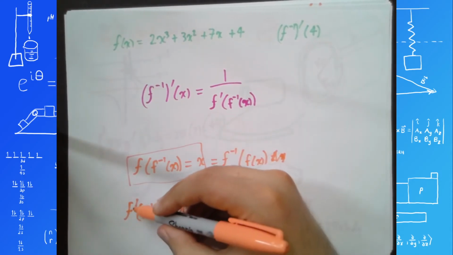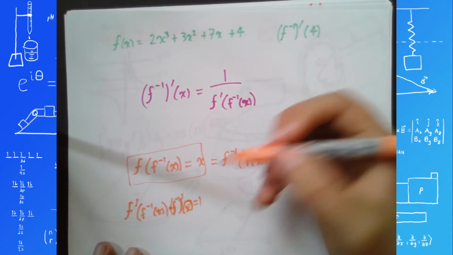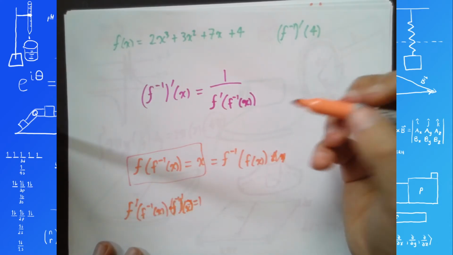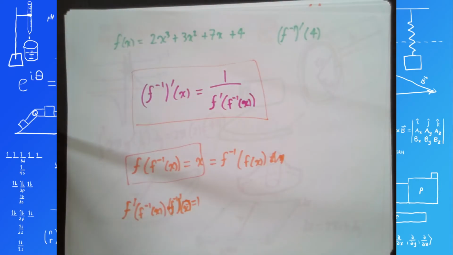Okay, so f prime of f inverse of x times f inverse prime of x equals 1. Divide by f prime of f inverse of x, and you get this expression. Really easy derivation, assuming that you're good with your chain rule.